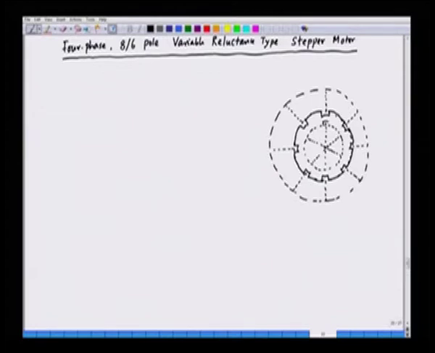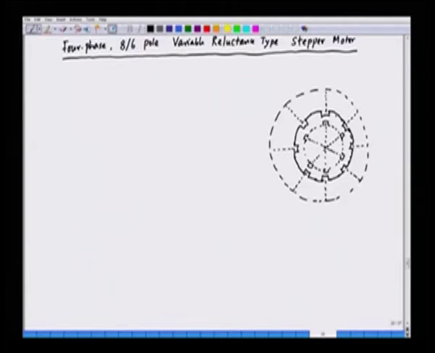So, we have the rotor poles in the following fashion. So, this is the rotor structure.